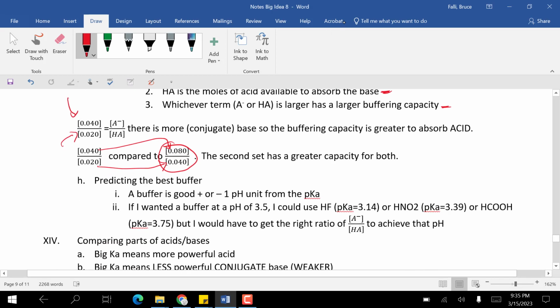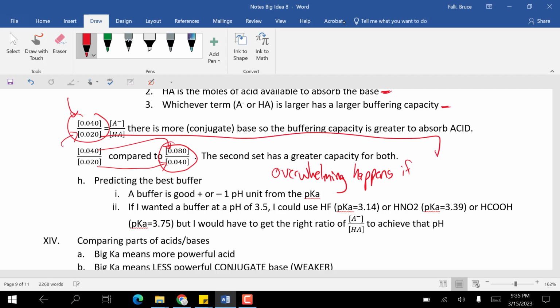It may ask you, did you overwhelm the buffer? So overwhelm happens if, in this case, adding 0.06 moles of H3O positive.